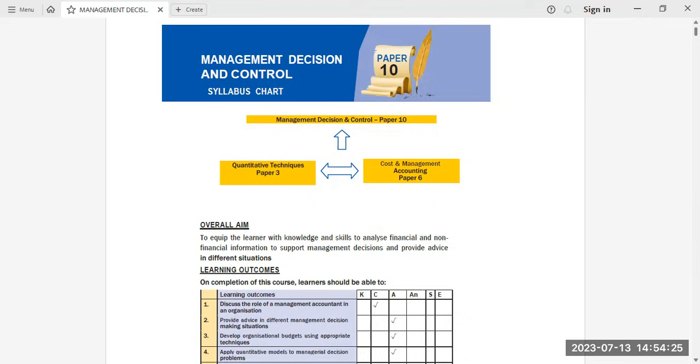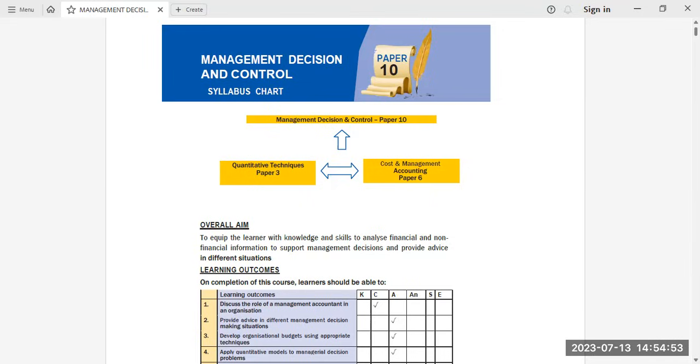We have quantitative techniques, that is paper 3, and cost and management accounting, that is paper 6, as per the new syllabus. So those are the two course units that we do at level 1 that are feeding into our management decision and control, that's paper 10.